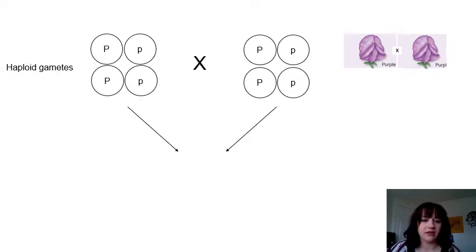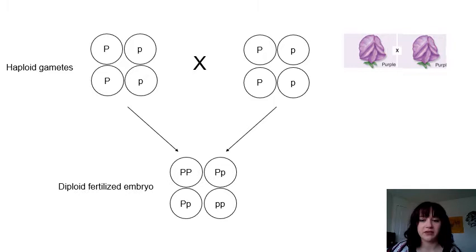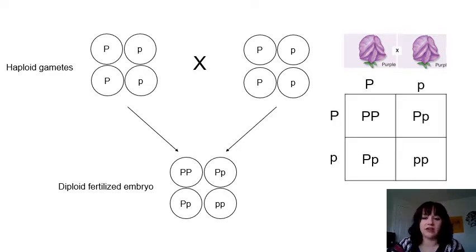Now, when these gametes fuse during fertilization, we have a variety of different combinations that can occur. You can see that 1/4 of them are going to be homozygous dominant, half of them are going to be heterozygous, and 1/4 is going to be homozygous recessive. And again, that is just like what we see in our Punnett square, right? It's all the different possible combinations of gametes from those two parents.